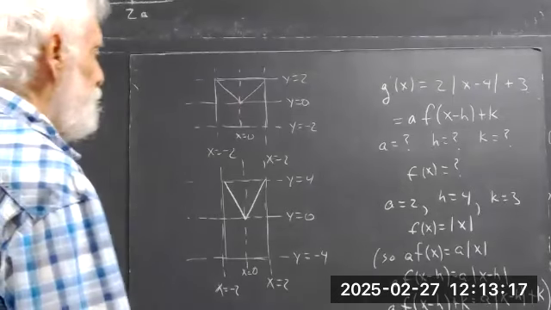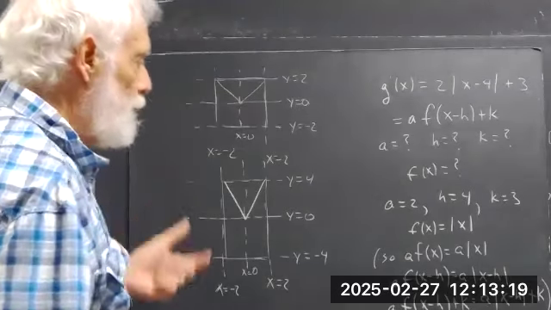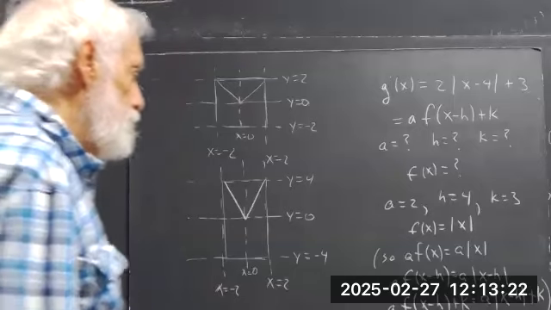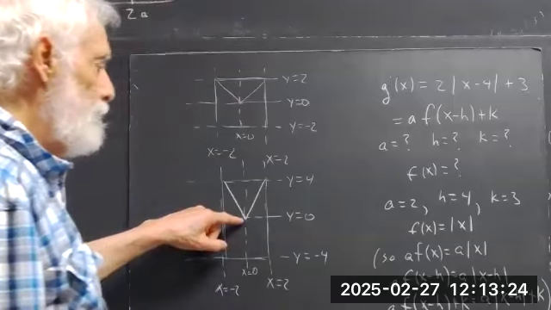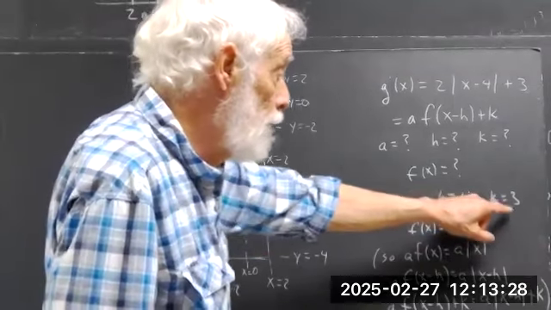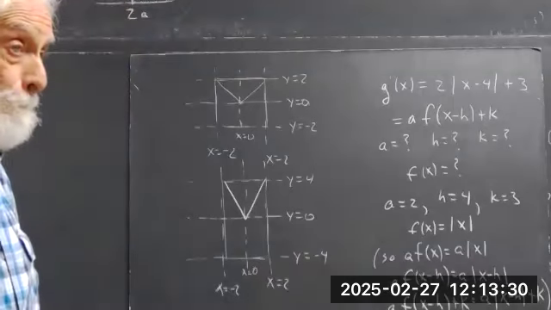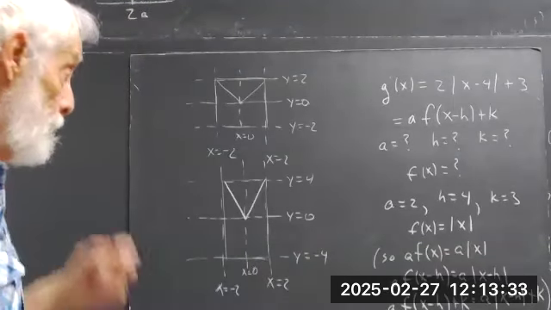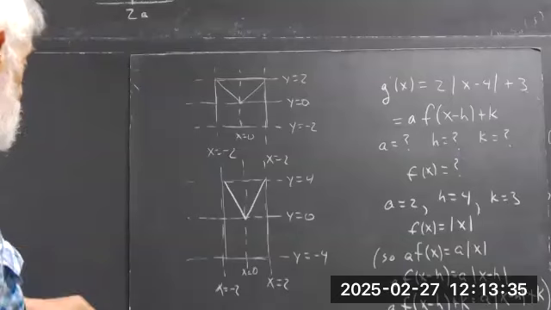Then we take the same picture, we shift it so that the origin moves 4 units horizontally and 3 units vertically, right? So our final picture.